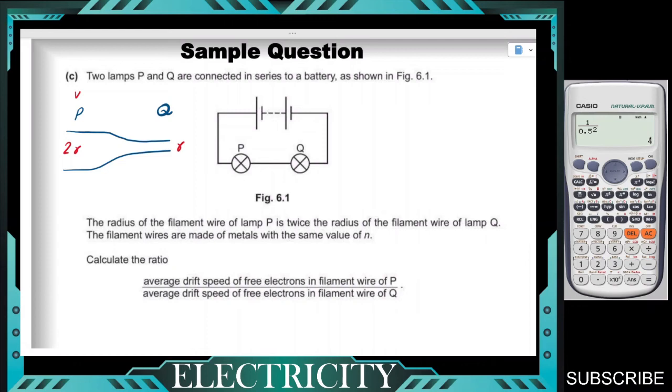On the side Q, because the radius is reduced to half, the radius is decreased by a factor of 2. So the drift speed would increase by a factor of 4. So the drift speed over here would be 4v. This is the simplest working. If you want to save most of your time, the shortest way to answer this question is this one.